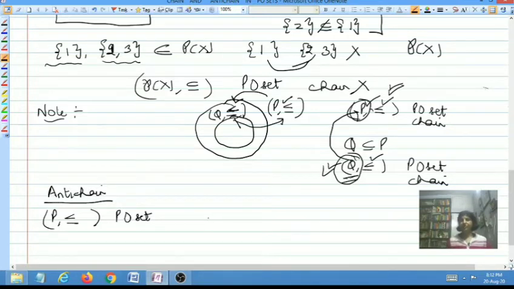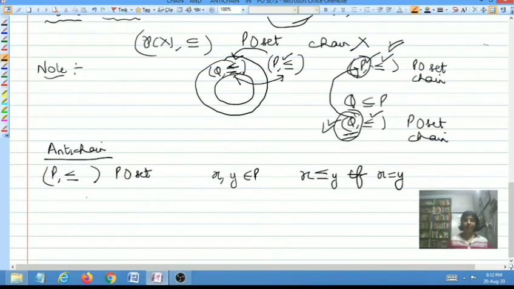This is the definition of an anti-chain, which means that for x and y belonging to P, if x is related to y, then this is possible only if x is equal to y. So every element is just related to itself.